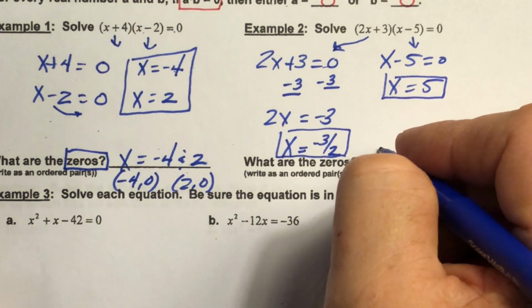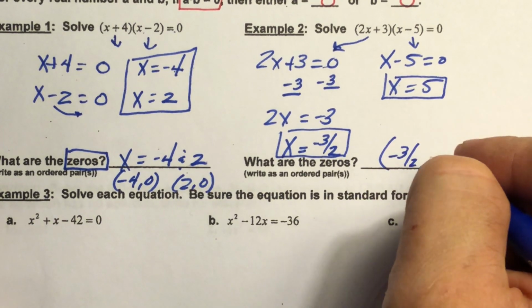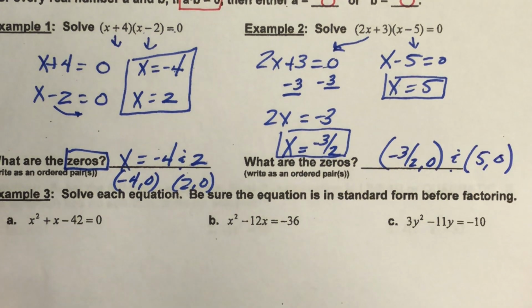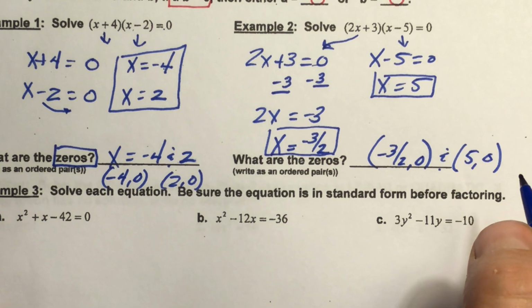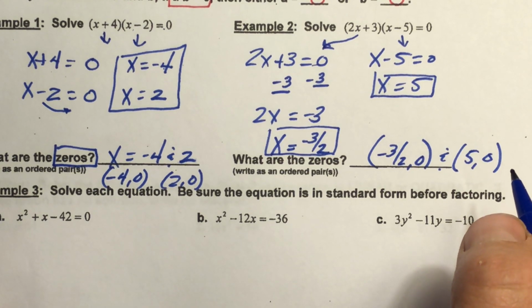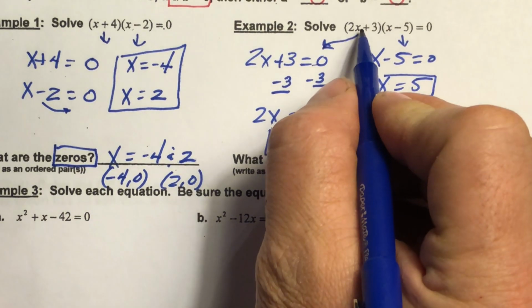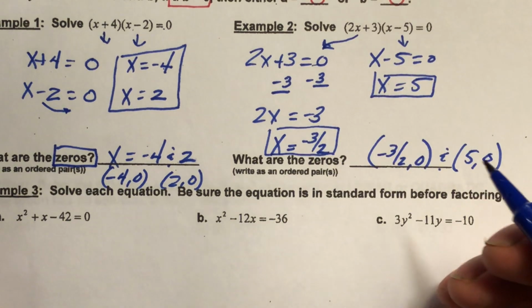If I wanted to rewrite those as ordered pairs, negative 3 over 2 comma 0 and 5 comma 0. Those are my ordered pairs. If I plug those into my equation, it would satisfy and equal 0.